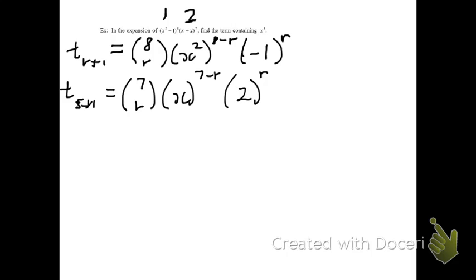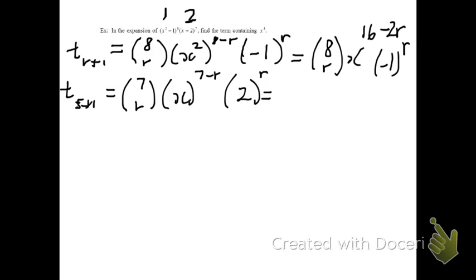And we want to just expand them out a little bit here. So this one will be 8 choose r, x to the 16 minus 2r, and then we have negative 1 to the power of r.